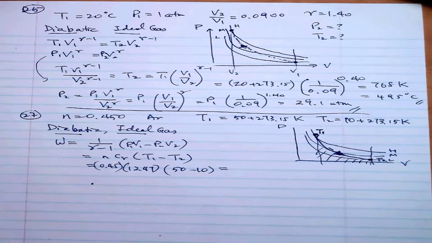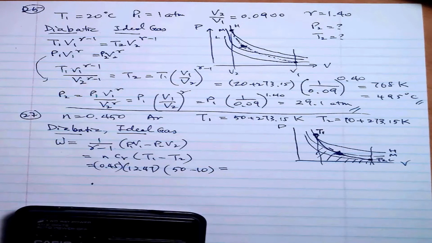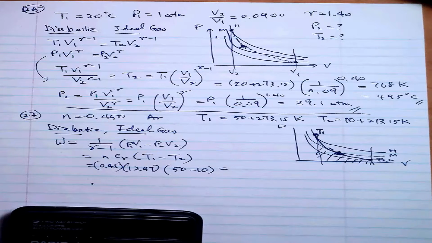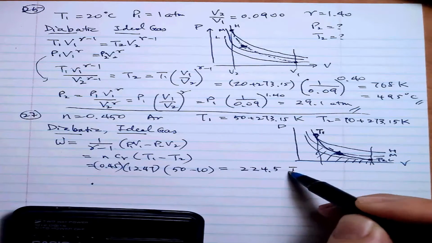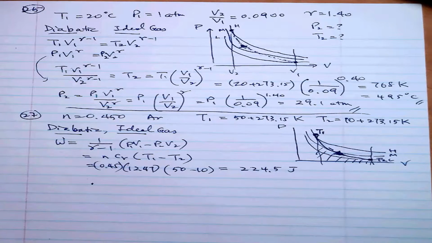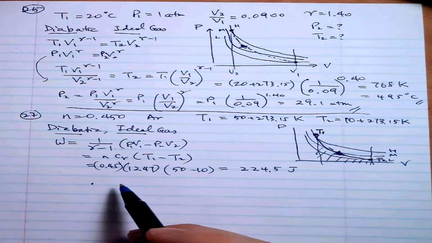If I punch in the calculator for all that, 12.47 times 40, I get 224.5 joules. So that is the amount of work done by the gas to the environment.